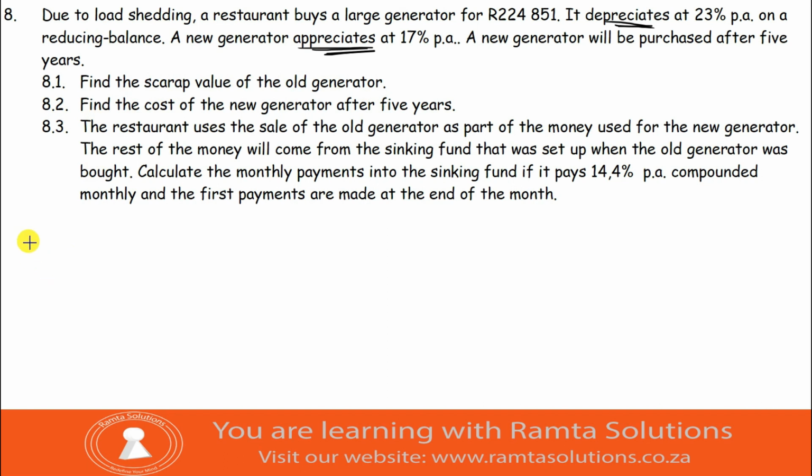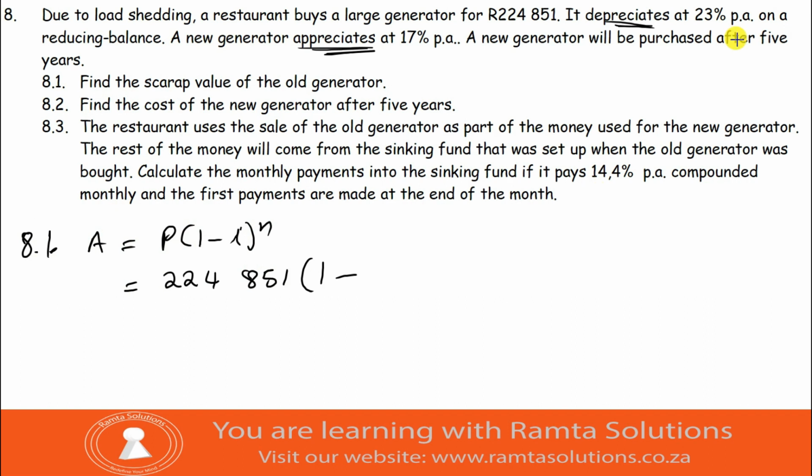So I will start answering this question on this page. We have 8.1. Because it's a scrap value, it'll be A equals P into 1 minus i to the power n. Now what is P? Our P was 224,851.